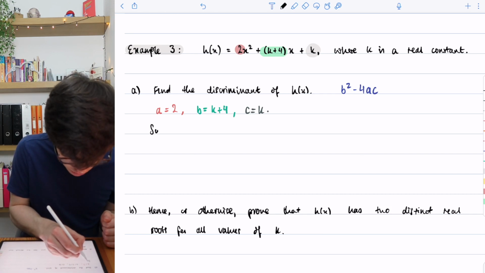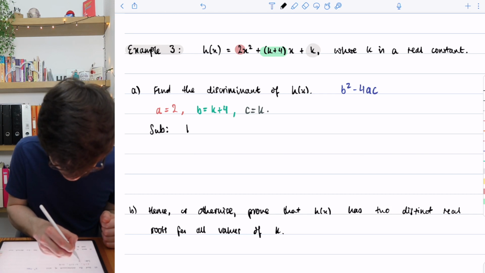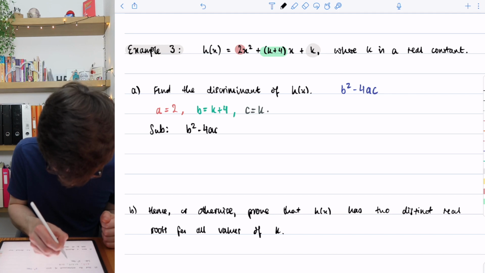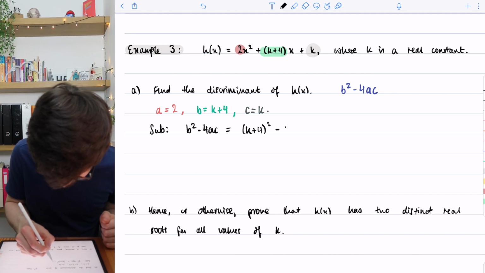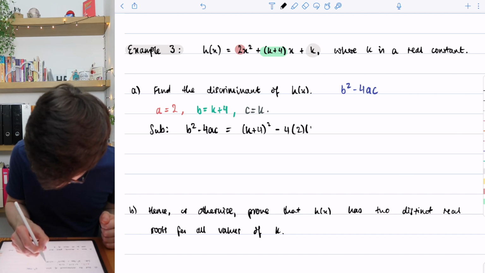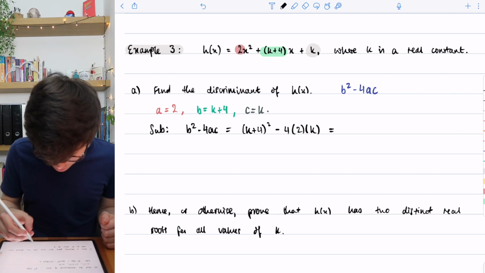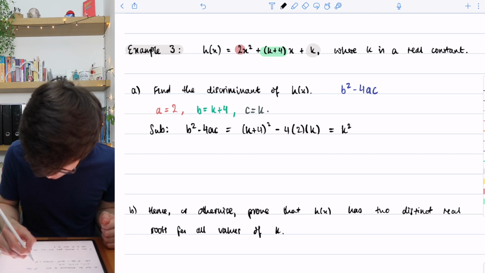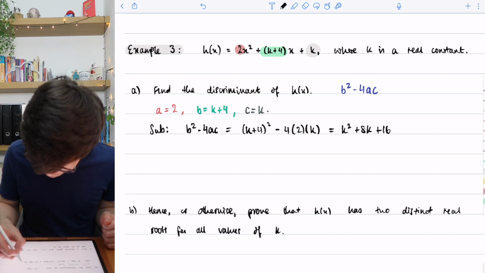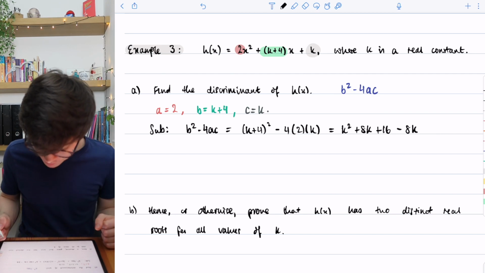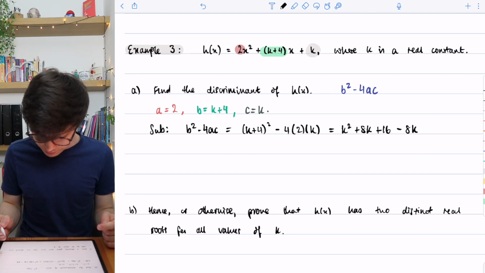So substitute: b squared minus 4ac will become k plus 4 squared minus 4 times 2 times k. We can expand those brackets to give us k squared plus 8k plus 16 minus 8k.